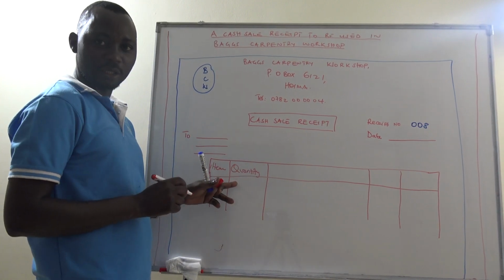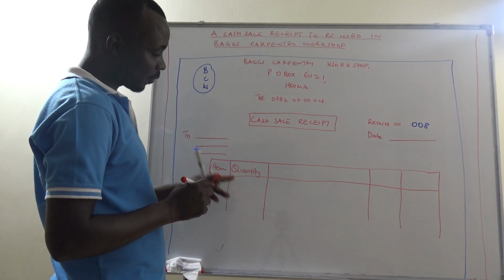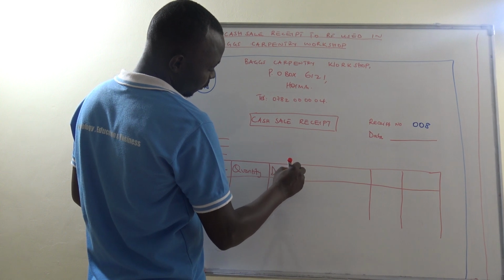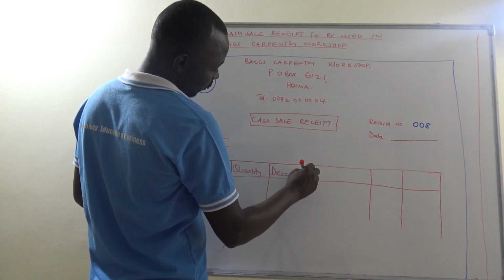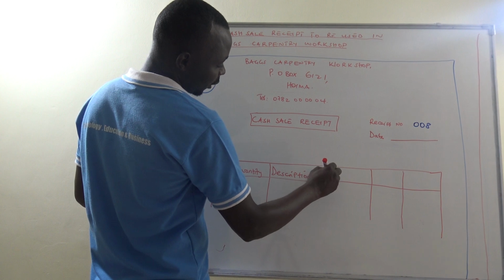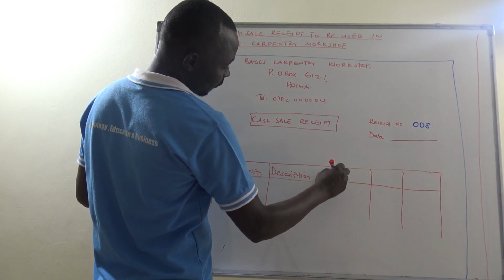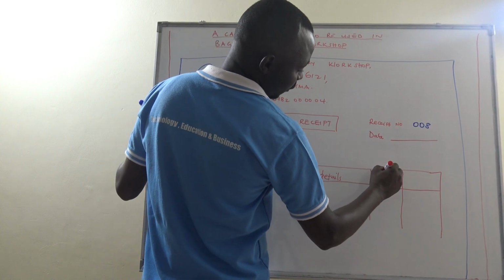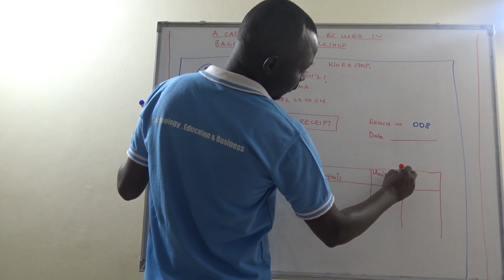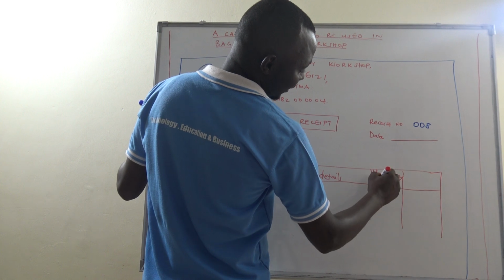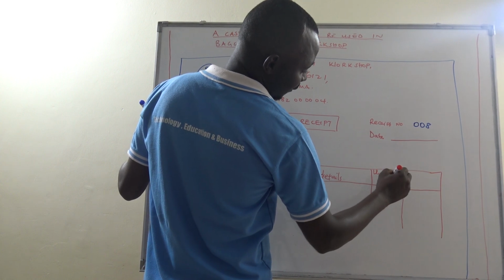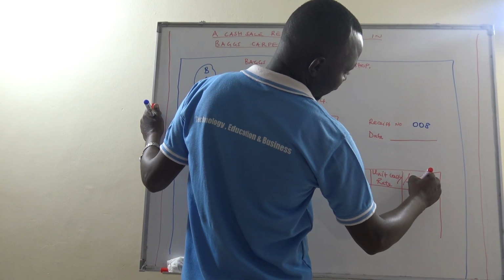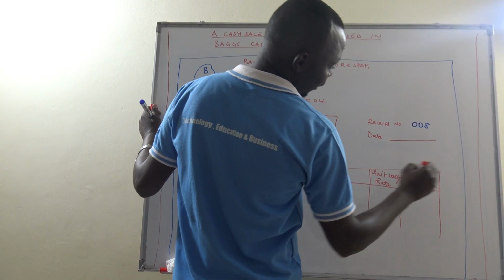Never write quantity in abbreviation. Write it always in full. This one is description, or you can call it details. This one is the unit cost, or you can call it rate. This one is the total amount, or you can just call it amount.